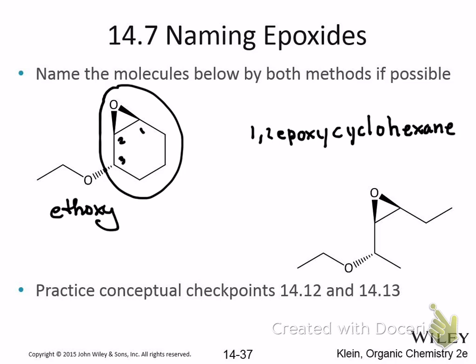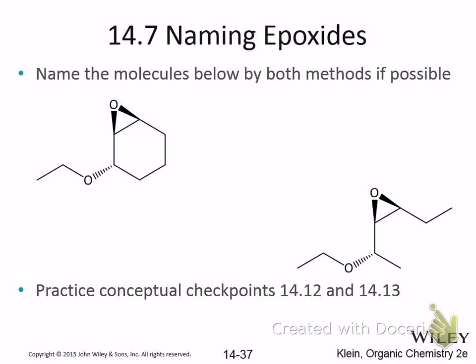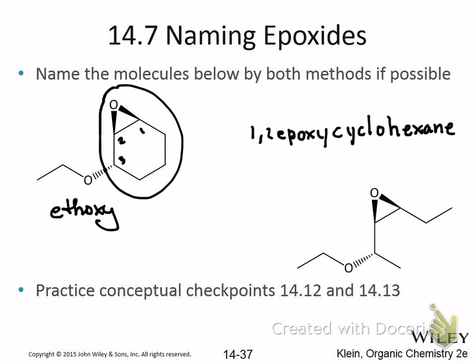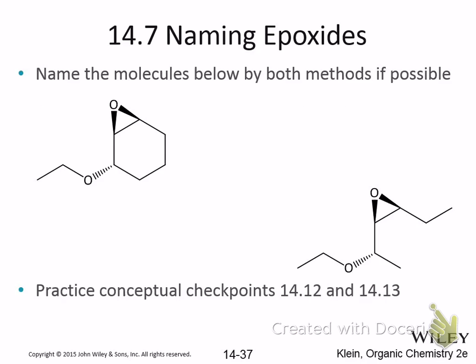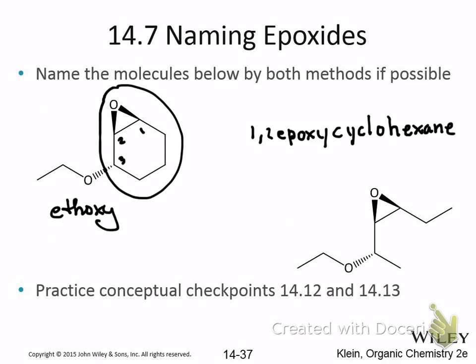Oh, so we have to do the 1,2 because there's no way to do it, think about it in terms of the nomenclature. On this side, when you use oxirane nomenclature, these substituents can't be connected. Since it's connected, you have to switch to the top one. So you have to know both. So that's 1,2-epoxycyclohexane, and then it's 3-ethoxy.